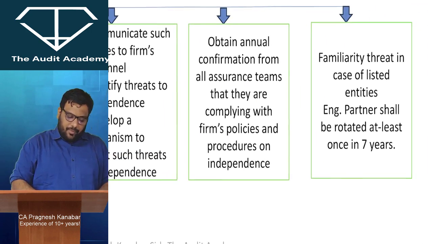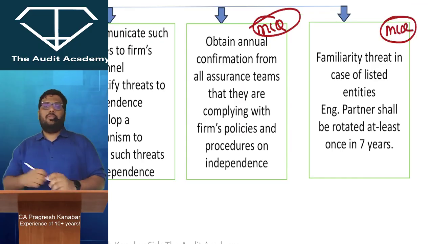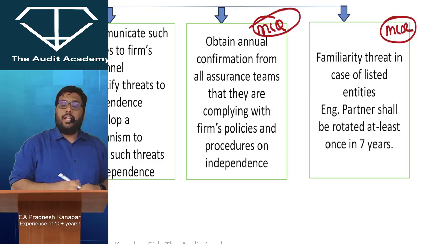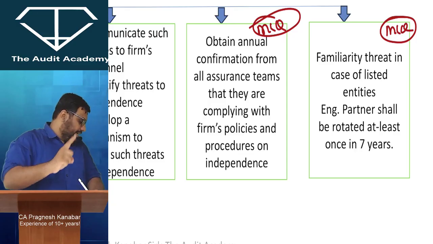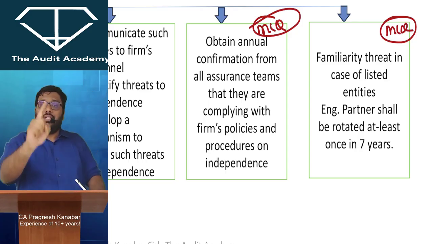Now the next couple of points are MCQ points. Please be careful. Annually, that means at least once in a year. I repeat, annually, that means at least once in a year.